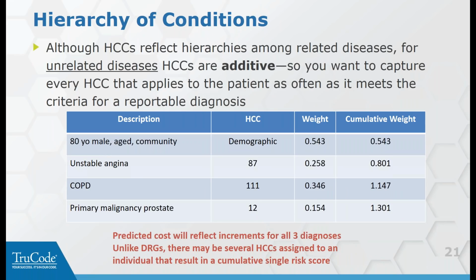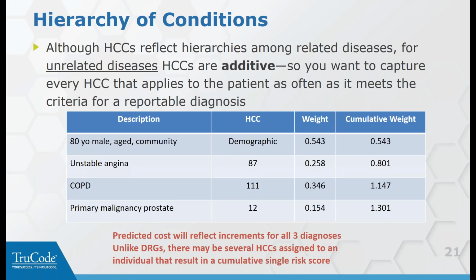Although HCCs do reflect hierarchies among related diseases, if there are unrelated diseases, then the HCCs just all add together, as I mentioned earlier in the presentation. That's, again, why you want to make sure you capture every diagnosis that might map to an HCC as often as it meets the criteria for a reportable diagnosis.